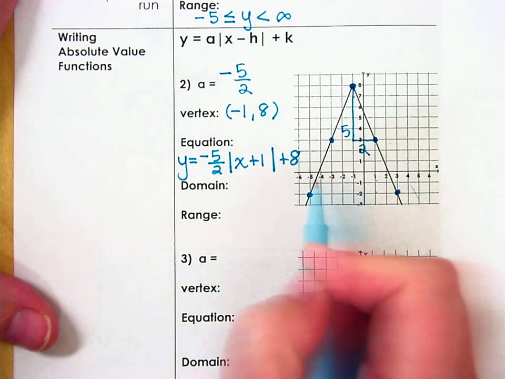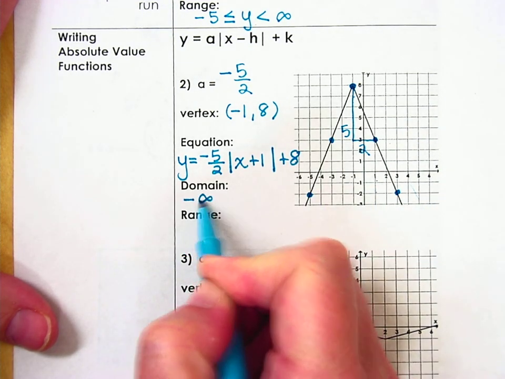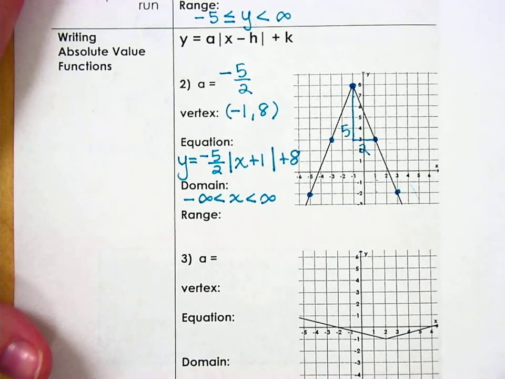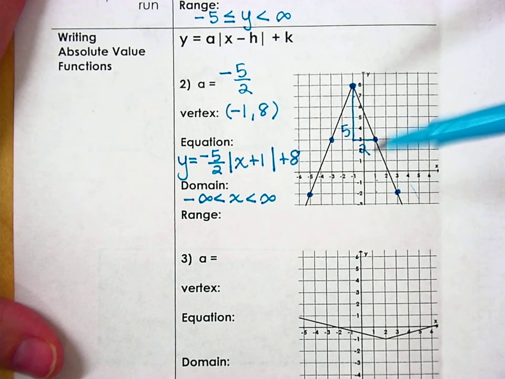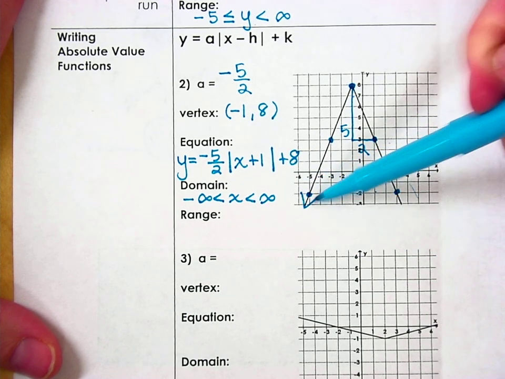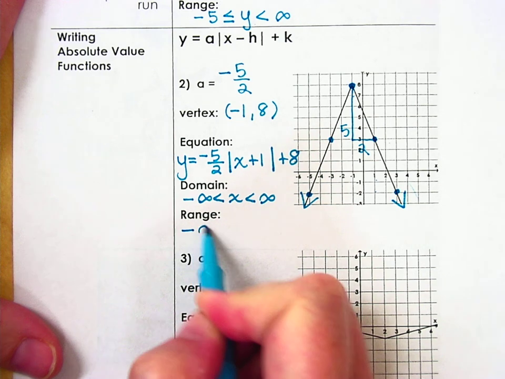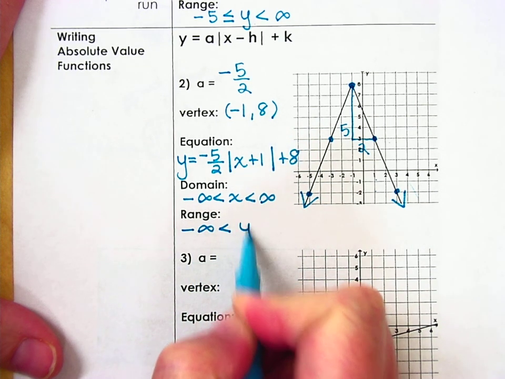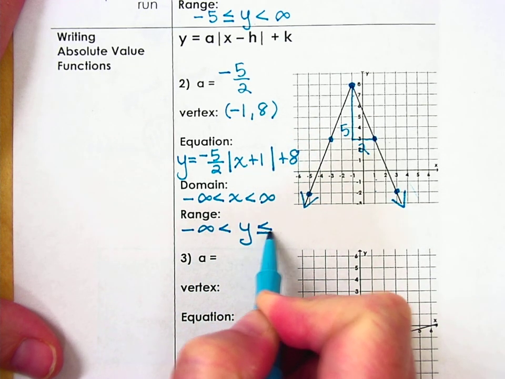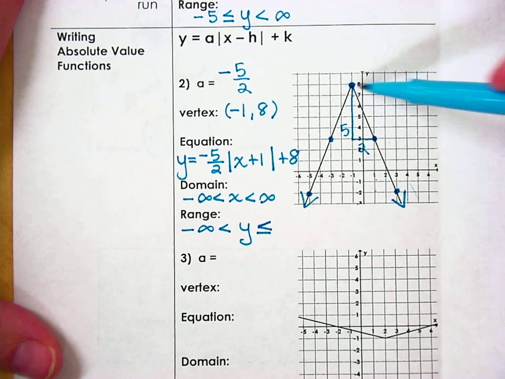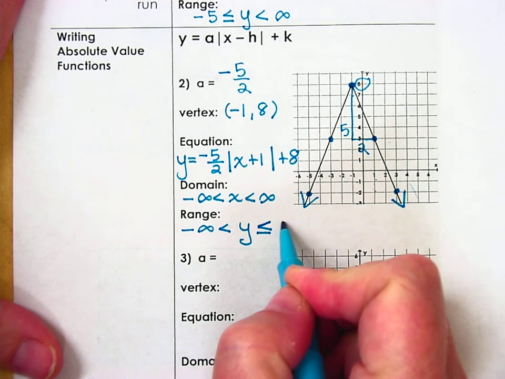So the domain still is all real numbers, so -infinity is less than x, which is less than infinity. And then my range, so this time this graph is actually pointing down. It's going down forever. So that's going to be starting at -infinity, and then it comes up and it ends, the most point, the maximum value is up here at +8 on the y-axis.